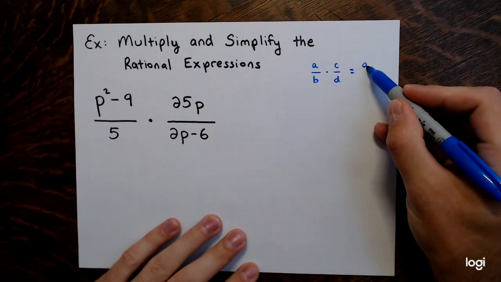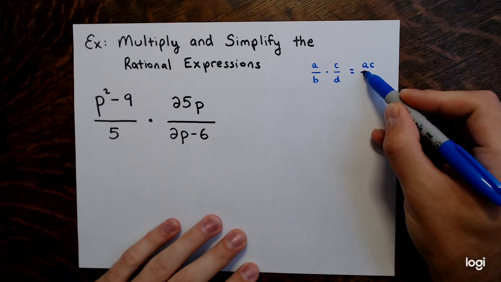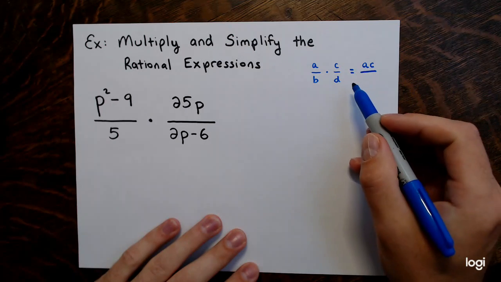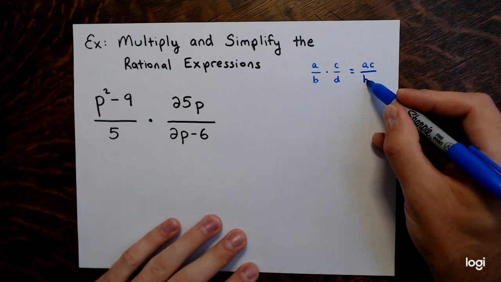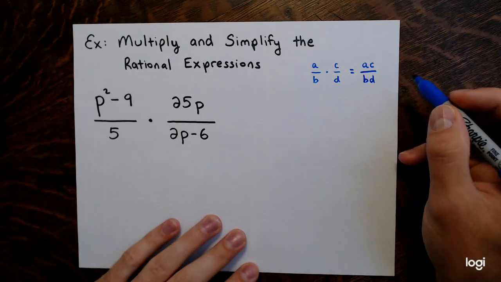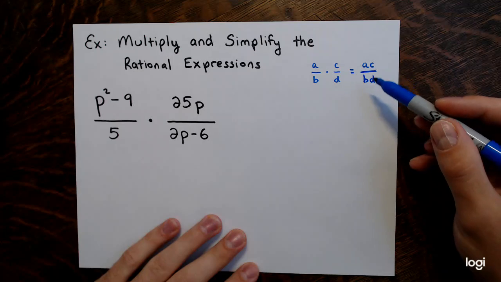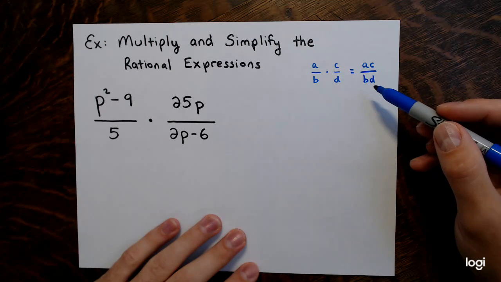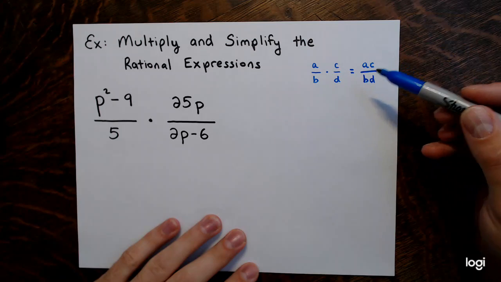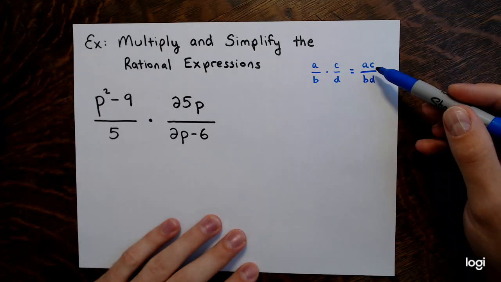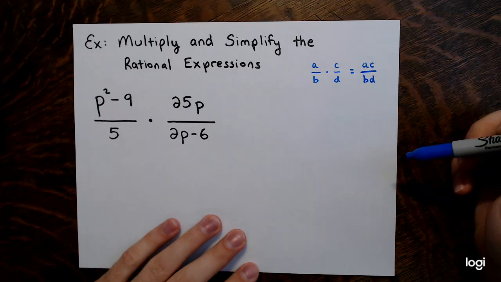So a times c would be the new numerator, and then multiply the denominators. b times d would be the new denominator. And then you simplify this fraction or rational expression as we've done in previous videos. Again, you can look up other videos where you're simplifying a rational expression.